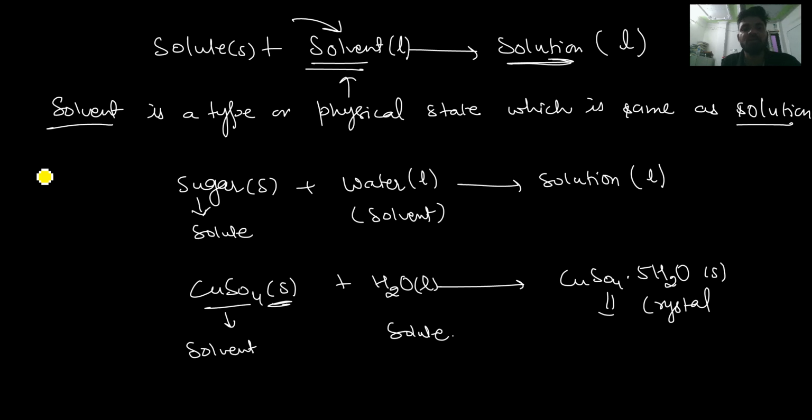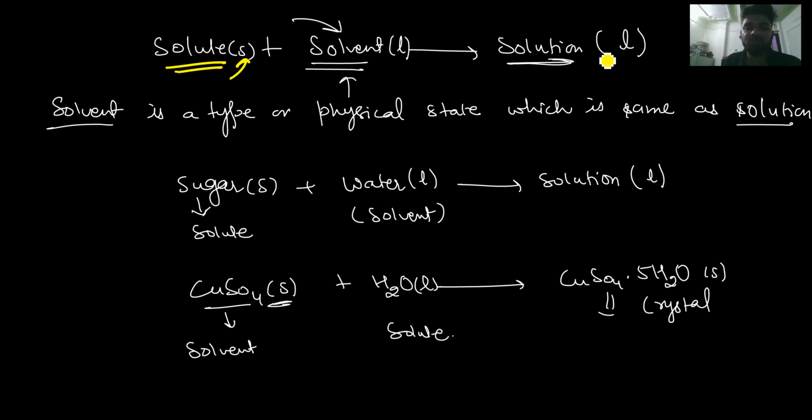For example, if we have a solute in solid state that is mixed in a solvent in liquid state, and the solution is in liquid state, you can simply say that the solvent is going to have the same state as that of the solution.